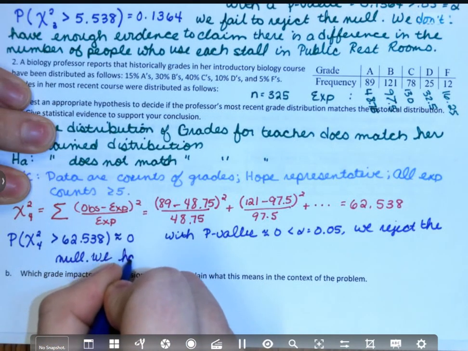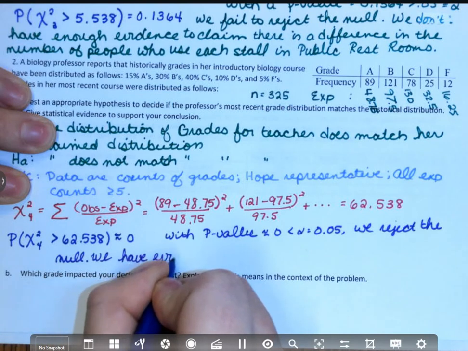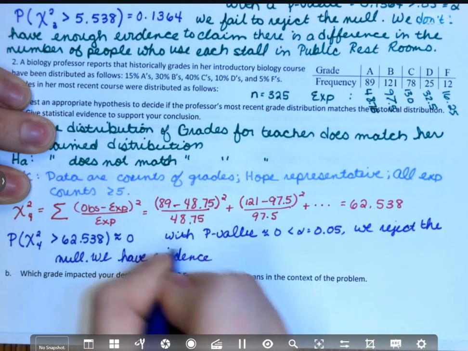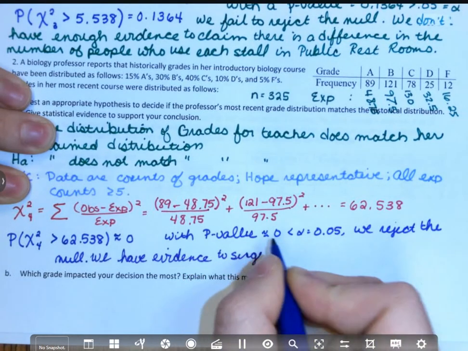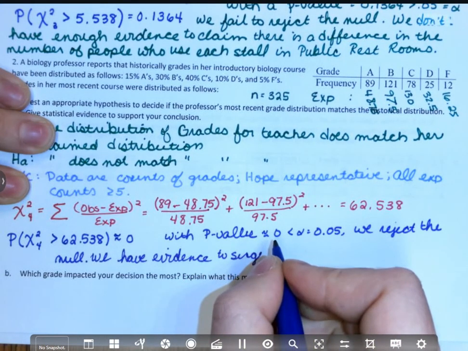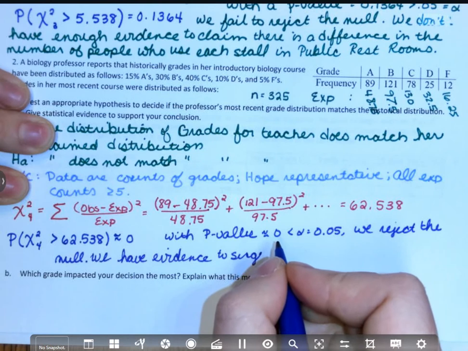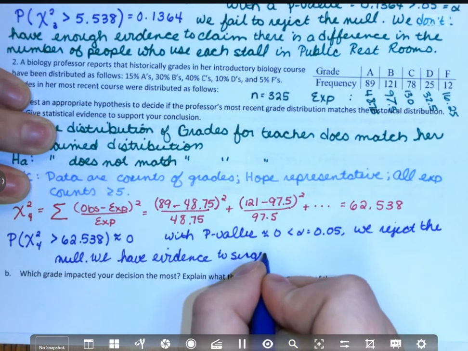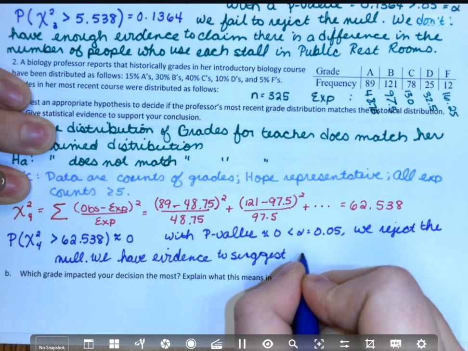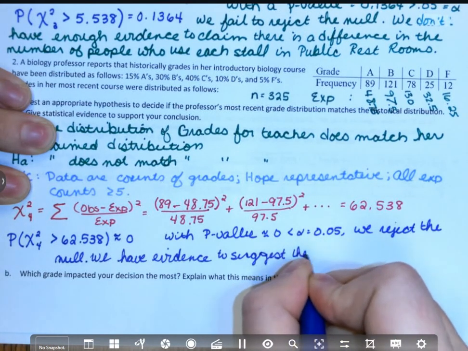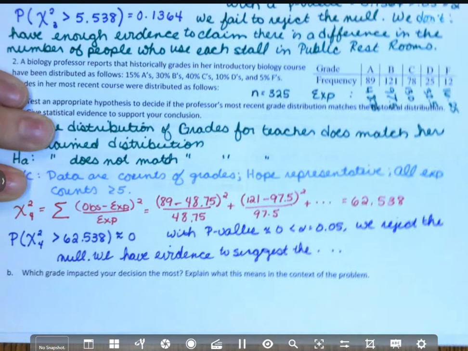We have evidence, or enough evidence, to suggest, suggest. How many G's in suggest? 2. To suggest the claim does not match. And you would put all the words, but I'm running out of space here.